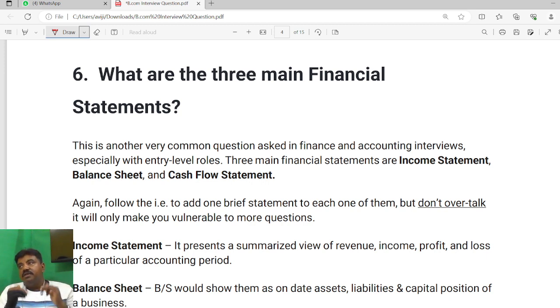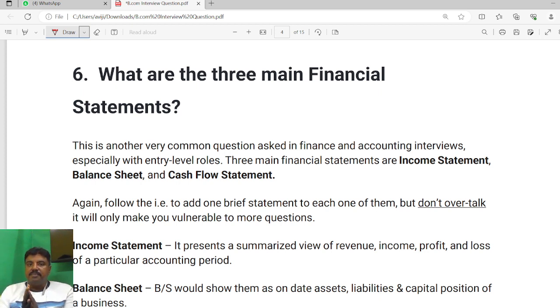If we find that there is sufficient cash inflow under operating activity, then we can assume that the company is doing good business because it has good inflows under the head operating activities. So this way the decisions are basically taken by analyzing the cash flow statement.